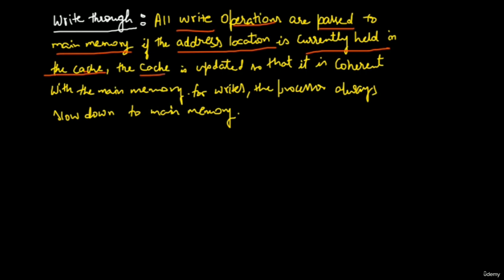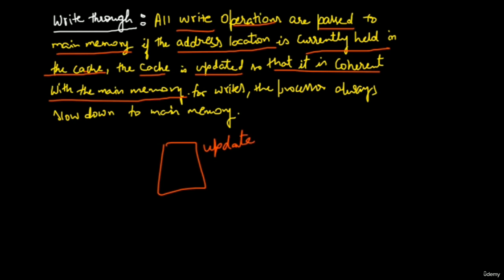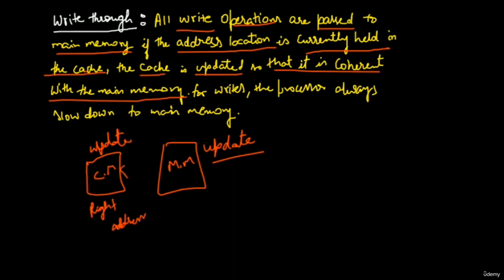The cache is updated so that it is coherent with the main memory. Whenever you update the main memory, your cache memory will also be updated. Only then can it have the right address, where one can go from one point to another.